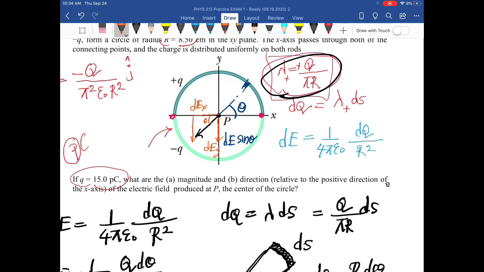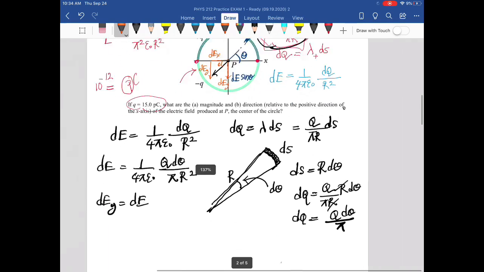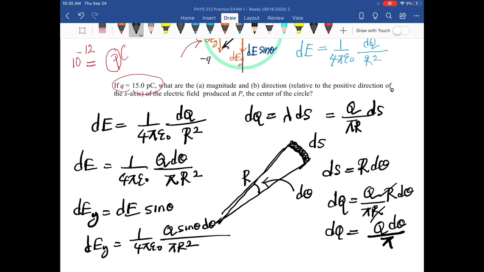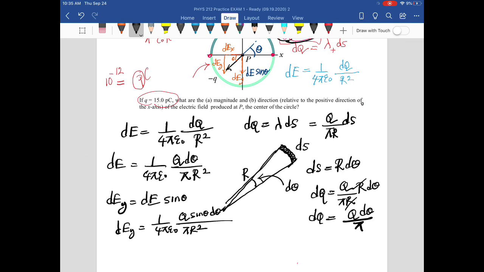This is again the y component, dEy, and dEy equals dE sine theta. Then dEy equals 1 over 4 pi epsilon naught, q sine theta times d theta divided by pi r squared.